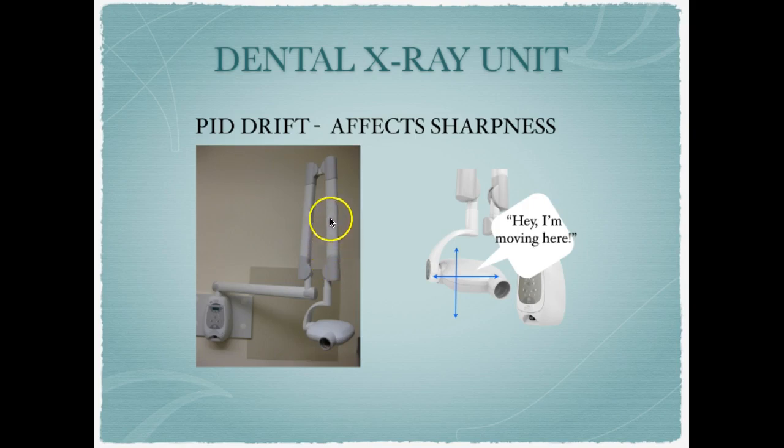Sometimes if the bar holding the tube housing is too close to the extension bar, it can cause a drift because it has kind of an elasticity. So you don't want to have those too close together. They're meant to have some space in between these two bars here. PID drift will definitely give you a blurry image and affect the sharpness of your image.